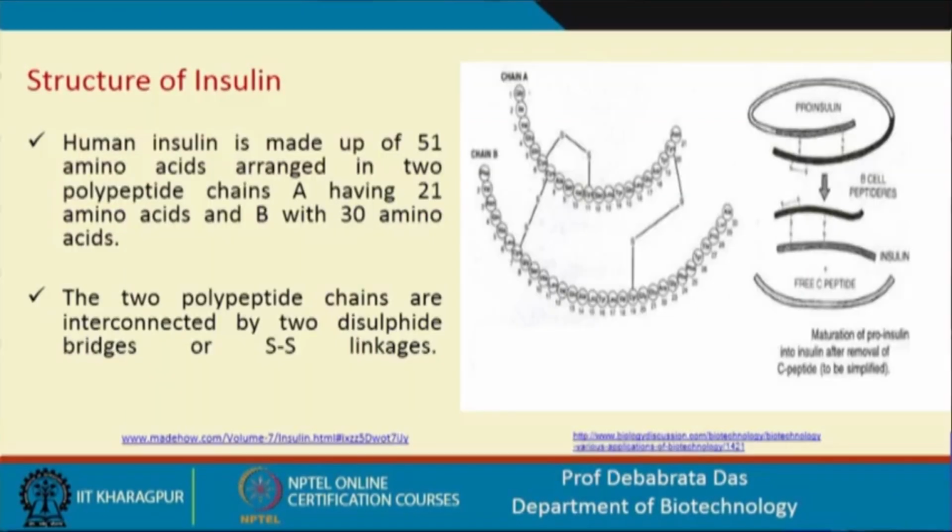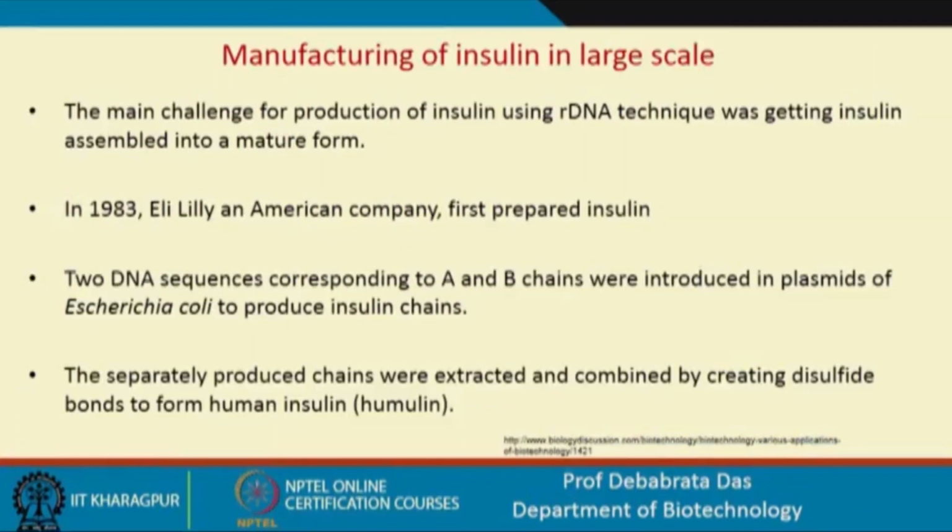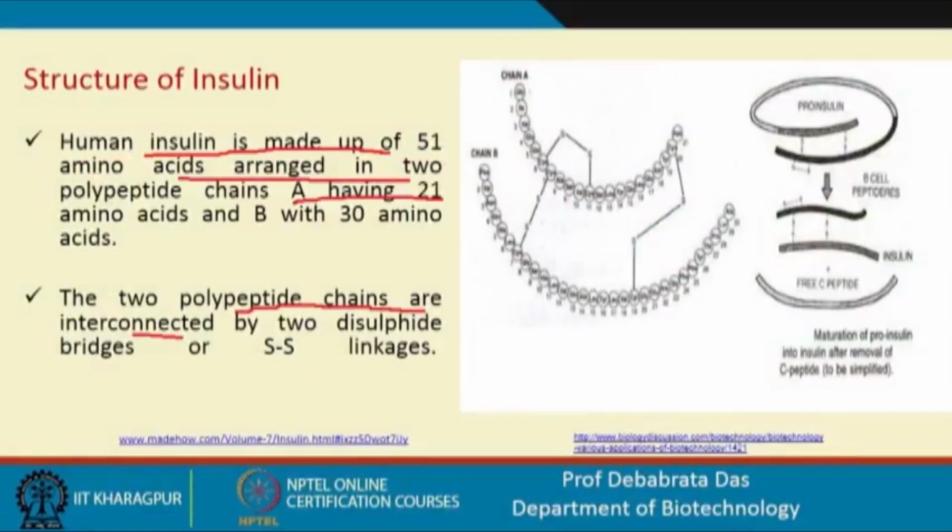Now, I was talking about the nature of the protein, which, as I told you, is a little bit different compared to hepatitis B. Here you look, human insulin is made of 51 amino acids arranged in 2 polypeptide chains.